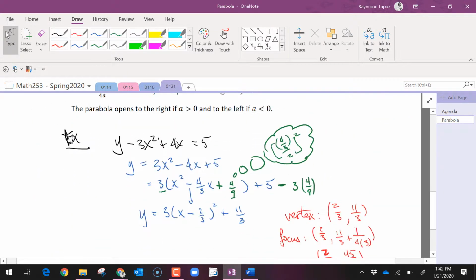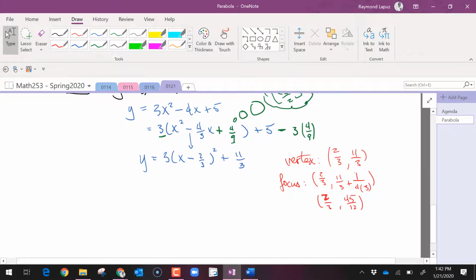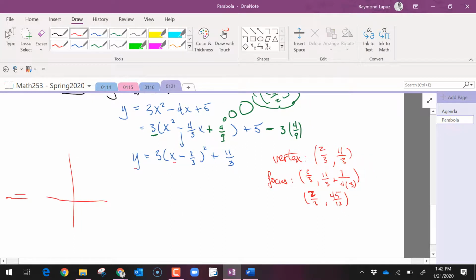So again, the way to remember that is that if you have y and then you have x that's being squared, then this parabola is going to be opening upward or downward. And since we know that the a is positive, it's going to open upward. All right, so does this still look good? 15/4.